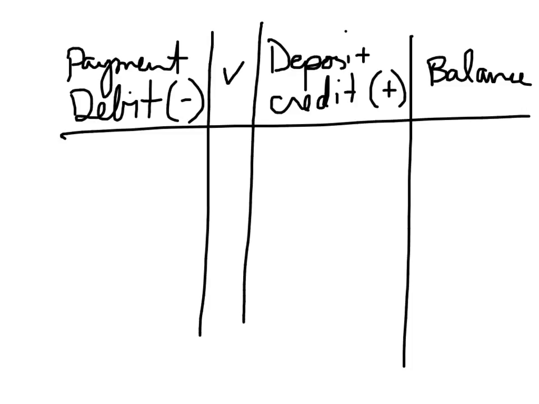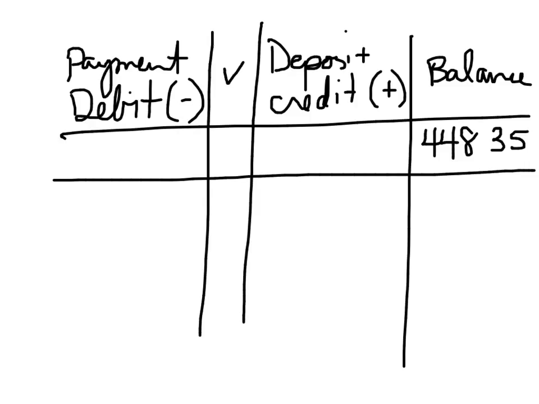Okay? All right, so on number 3, first thing that it does, it says 448.35, and that's the balance that was brought forward. And then number 3 has a number in here where it says 46, and then like this, 92.